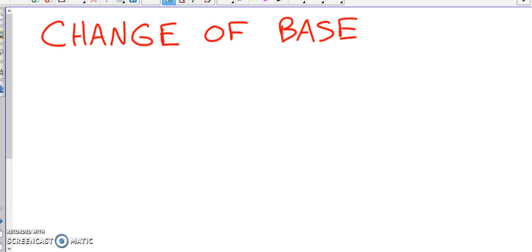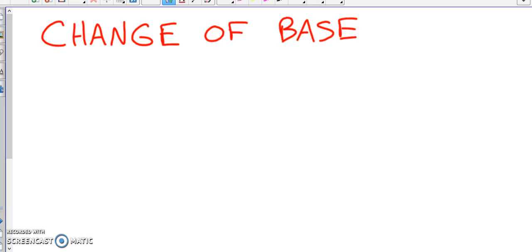This is the formula that allows you to calculate logarithms of other bases on your scientific calculator. So anyway, because most scientific calculators just have common log and natural log and nothing else.